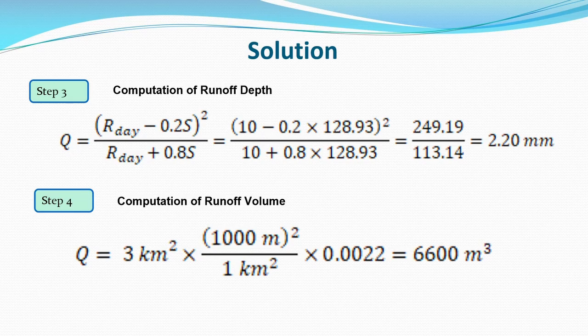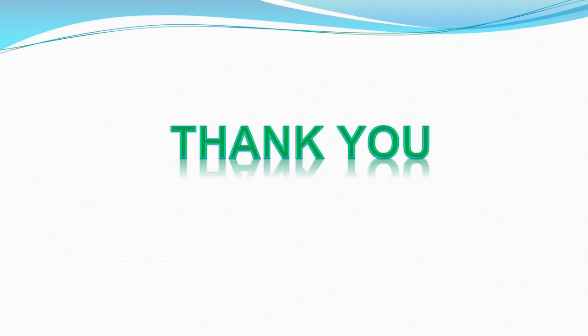I am converting everything into meters. So I will get the runoff volume in meter cube. So when I multiply the runoff depth by the area of watershed and convert into meter cube, the answer is Q equal to 6,600 cubic meters. So this is the runoff volume. Thank you.